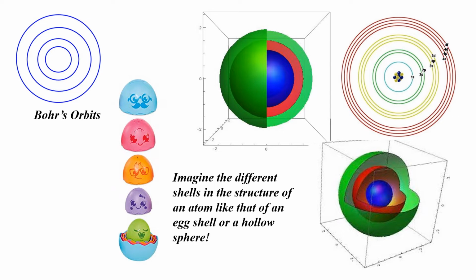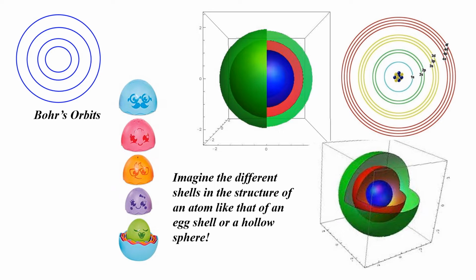So you have shells increasing in size as the energy increases, and each shell has electrons in it. The size of the shell increases and the energy of each shell increases. That is what is represented from these stacking eggshells.